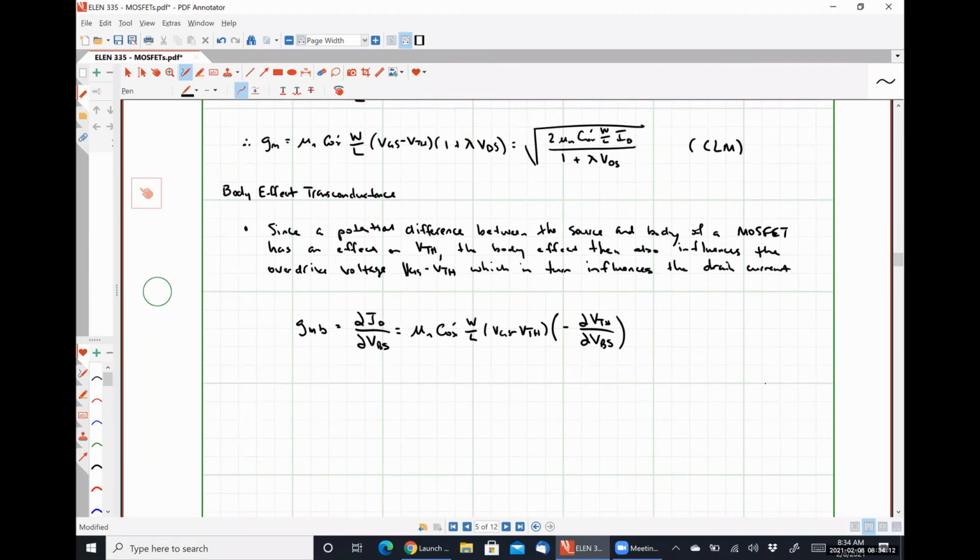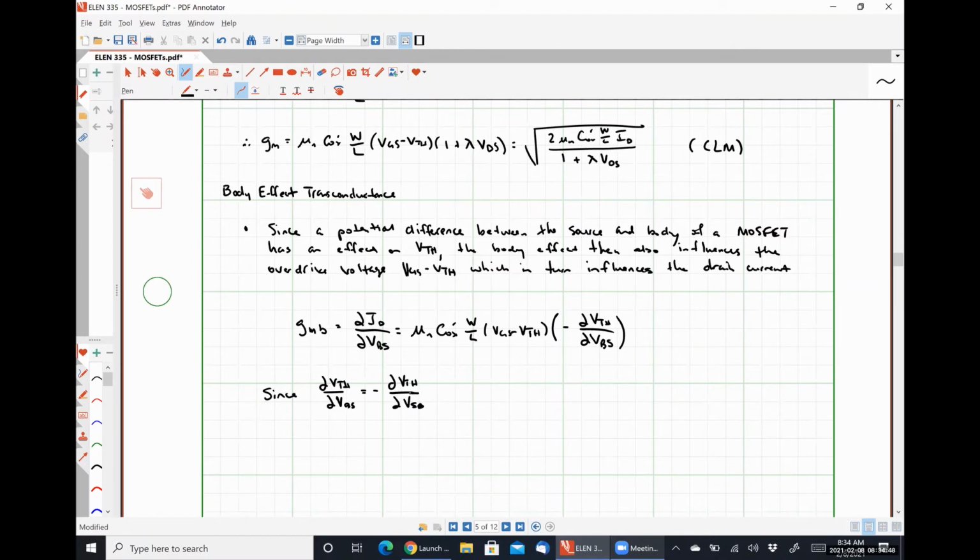since the change in threshold voltage with respect to the body source voltage is equal to this guy.